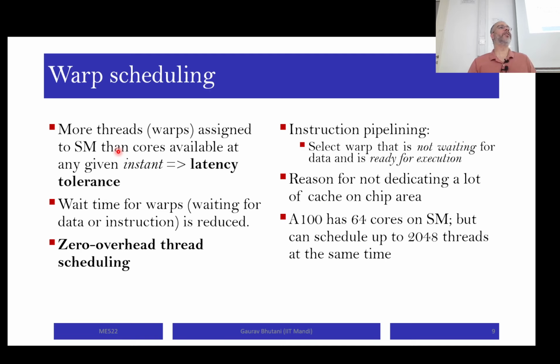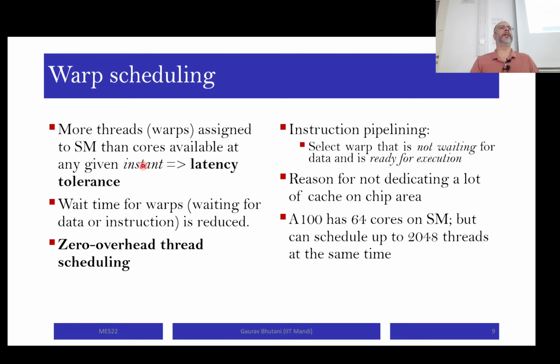So the question is, why is the compiler generating more work than the cores available? Because that may defeat the purpose of parallelization. Because if you have more work than the number of cores available, they have to start working sequentially then, right? And the answer is latency tolerance.